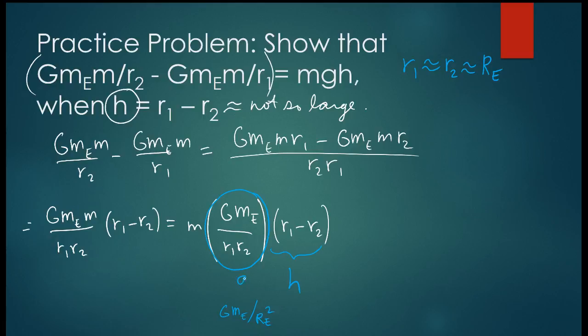And we know what that is. That's little g. And so now we have our final answer of mgh. Okay? So I'm doing some approximations, and mathematically this may not be 100% sound, but it at least gives you an idea of what's going on. Okay, so next time we're going to talk about satellite motion and energy and Kepler's laws.